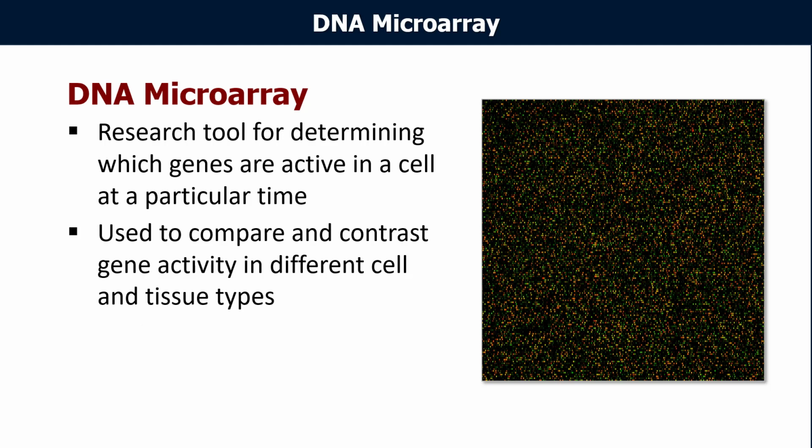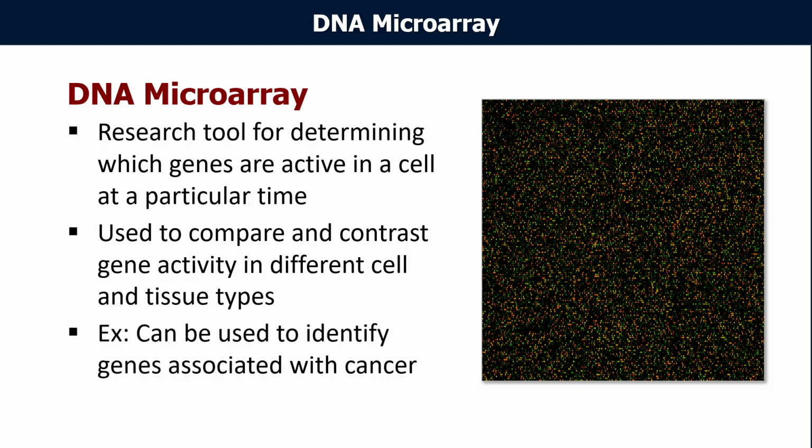And another very good use of this is we can identify genes associated with cancer. We can compare the gene expression patterns of a cancer cell with normal tissue and try to look for which genes are turned on in the cancer cell that are not turned on in the regular cell, and things like that.